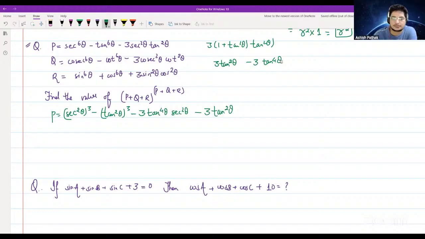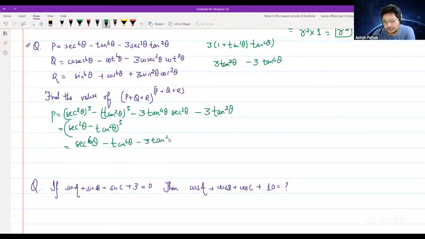So we can write this value as sec square theta minus tan square theta, the whole cube. If I expand, you will get sec to the power 6 theta minus tan to the power 6 theta minus 3 tan square theta sec to the power 4 theta, something like this.